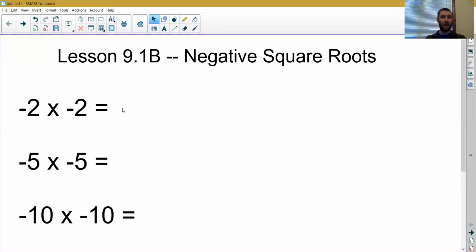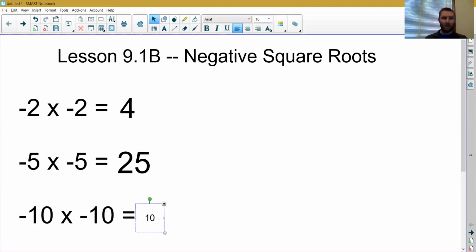A negative times another negative is always a positive. So -2 times -2 is equal to 4. -5 times -5 is equal to 25. And -10 times -10 is equal to 100.